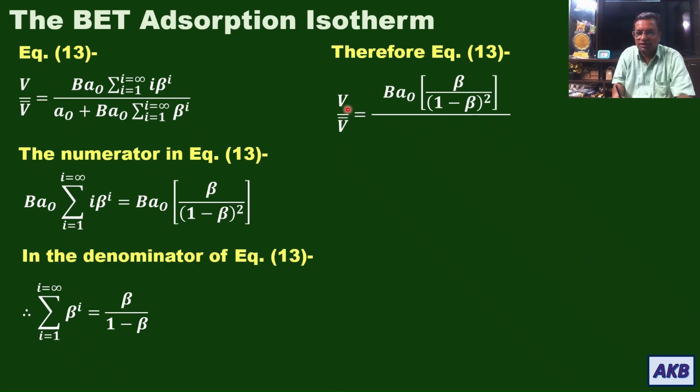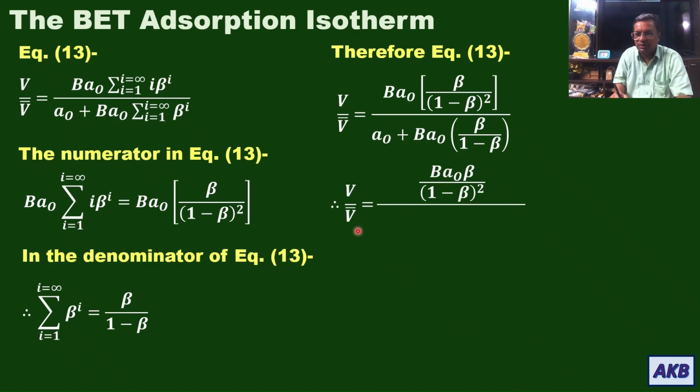So equation 13 will be v upon v bar is equal to b into a naught into beta upon 1 minus beta square, with the simplified term replacing the summation, divided by a naught plus b into a naught into beta upon 1 minus beta. That is v upon v bar.